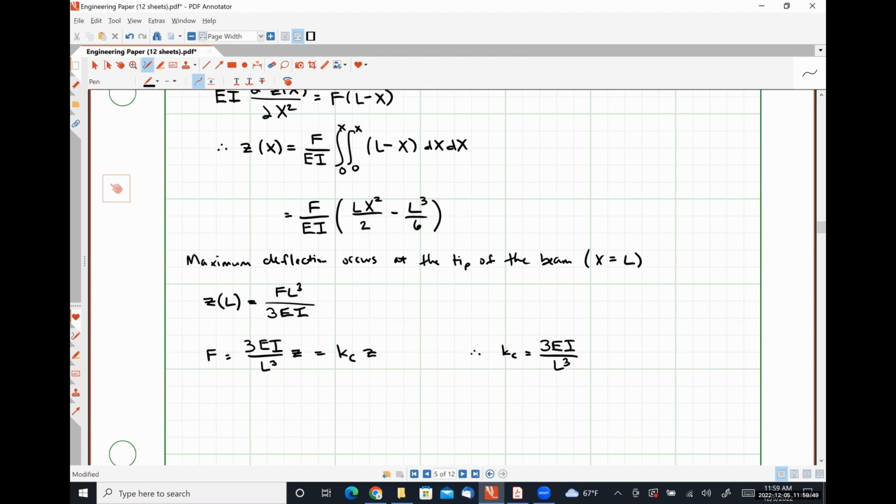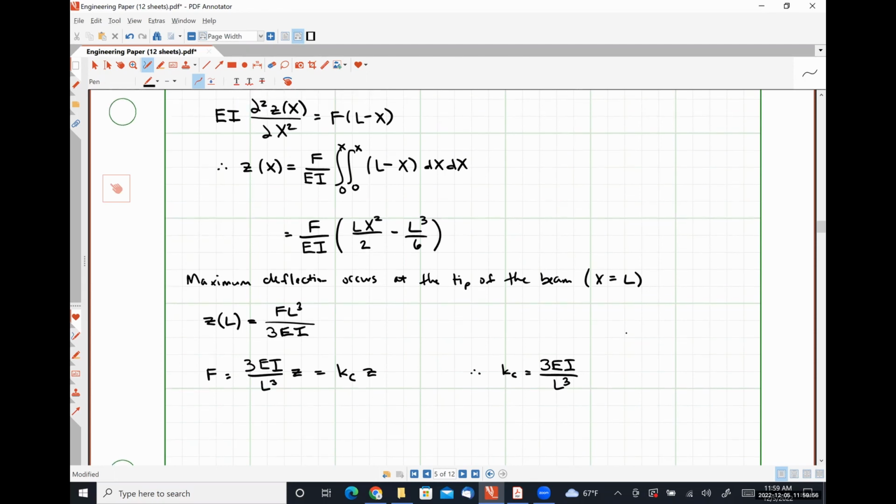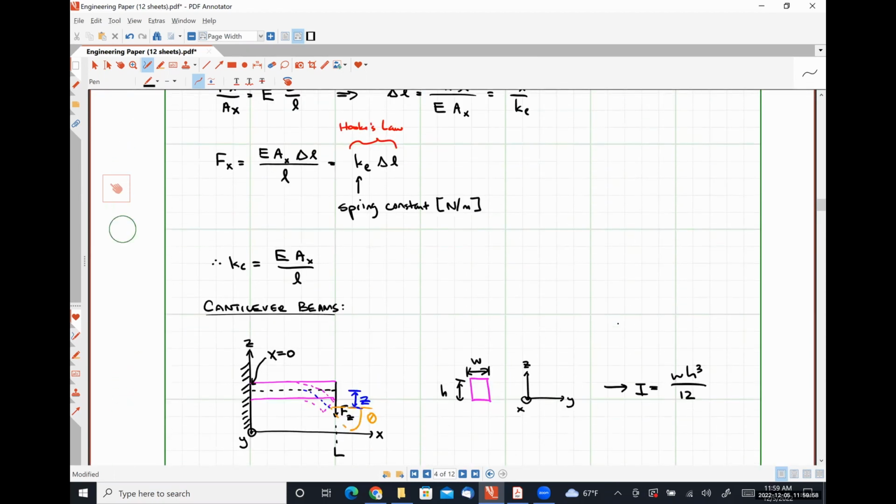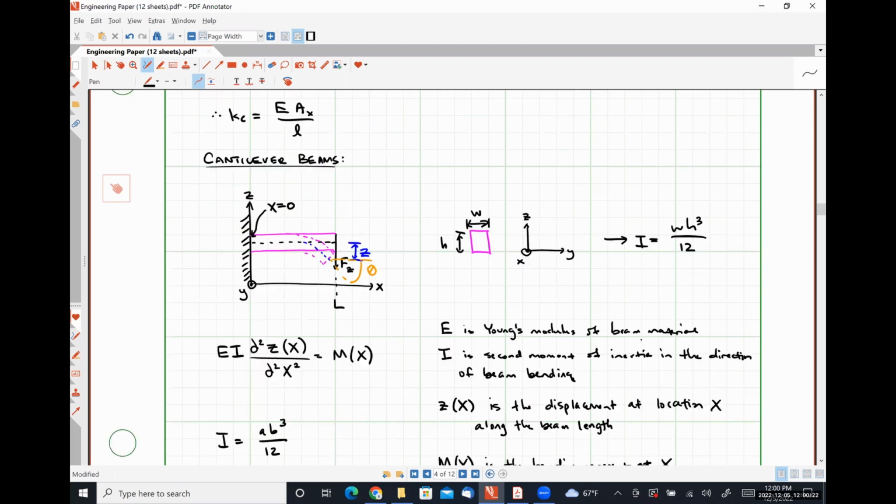So before we move along here, I want to compare these spring constants for a cantilever beam and an extension rod beam. Okay, so for the extension rod beam, we have E times the cross-sectional area divided by the length of the beam, right?